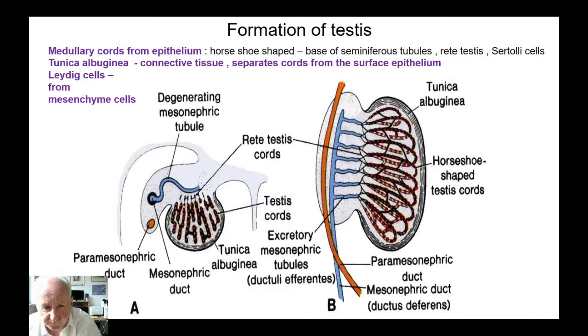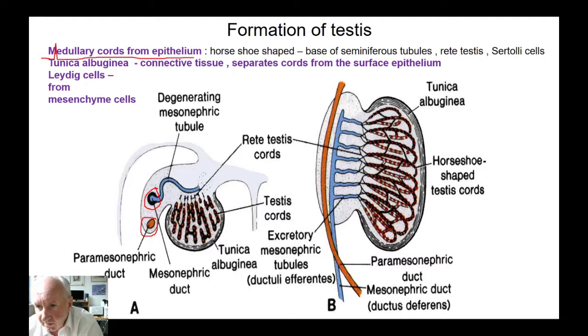I think you understand the tubule of mesonephros, the Wolffian duct, yes, the Müllerian duct, but for a male, not important. And here the surface coelomic epithelium runs inside, forming the primitive sex cords, and now we see new cords, which are called medullary cords, from the epithelium.